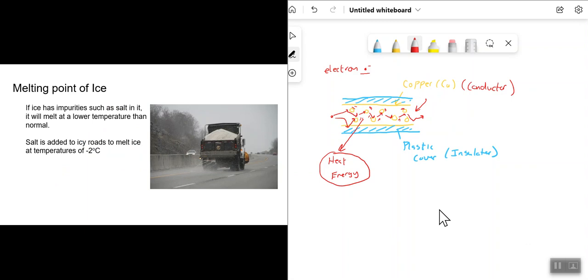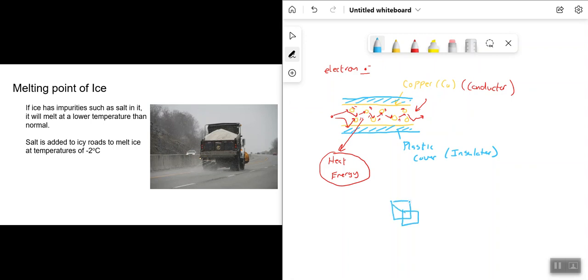So if we think about what's actually happening from a melting point point of view, imagine this is a solid block of ice. If you were to go in here and look at the atoms, you'll see that the water molecules are packed really tightly together like this.